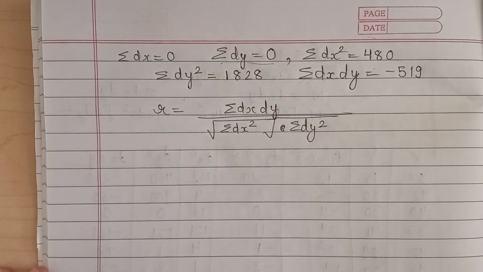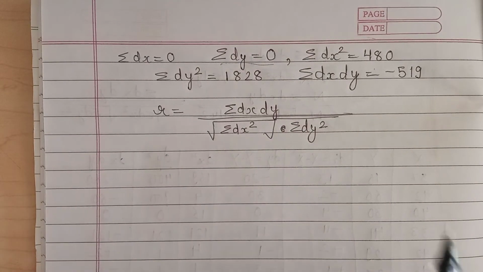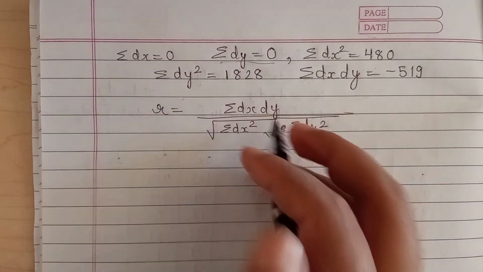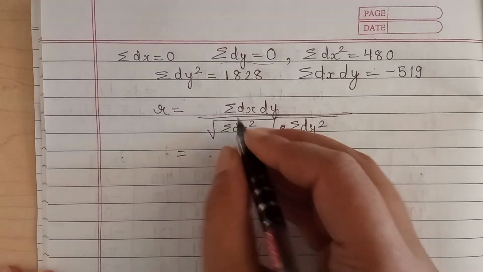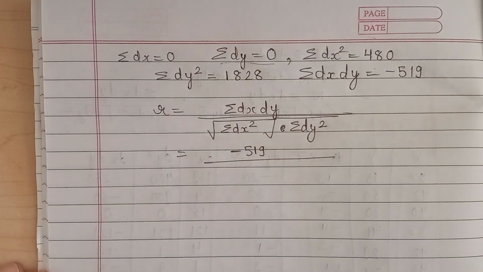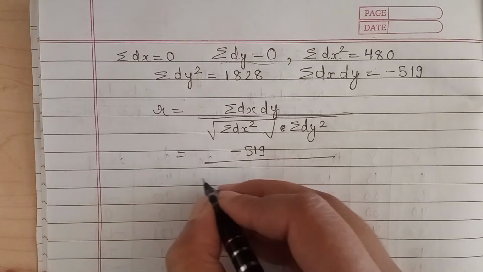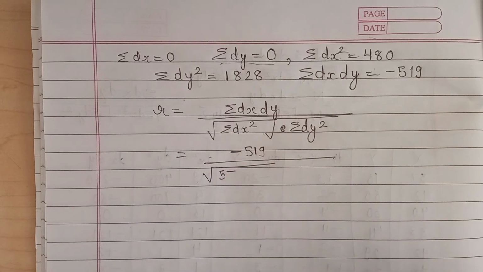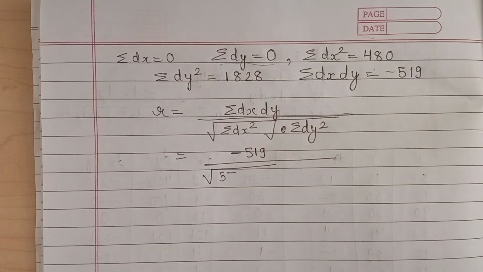Why I have written this, I have explained earlier. Because summation of dx and dy is 0, if you calculate this, you will get this value only. So summation of dx dy is minus 519 divided by root over summation of dx square, if you find, then it's 570.